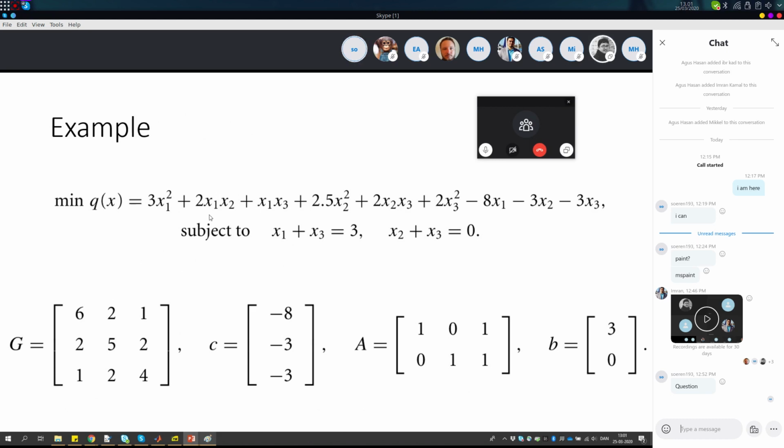How about the remaining? For example, this one is x1 times x2, and then you look at the index. This is index 1,2. This is the position, and this is the coefficient. The same with this one, x1 times x3, and the coefficient is 1. So this is 1,3.